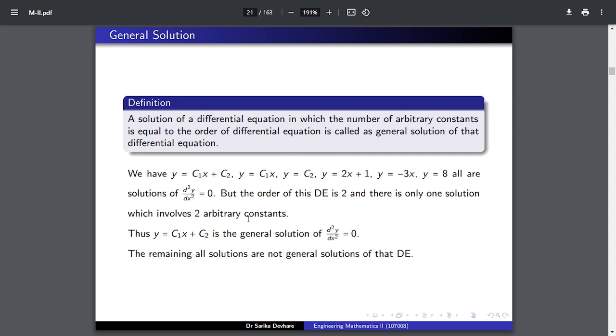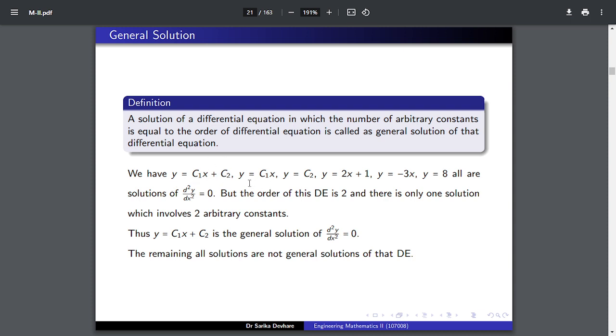If we look at this equation d2y by dx square equal to 0, then y equal to c1x plus c2 is a general solution of this given differential equation. It is only one solution, or we can say that this general solution is unique.